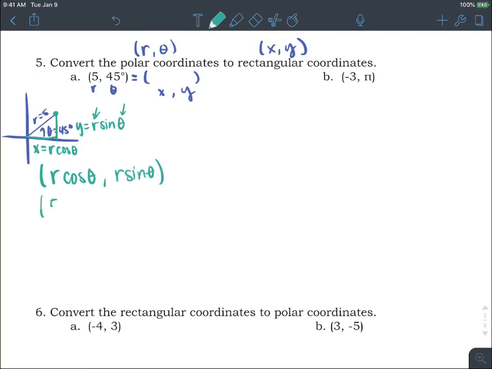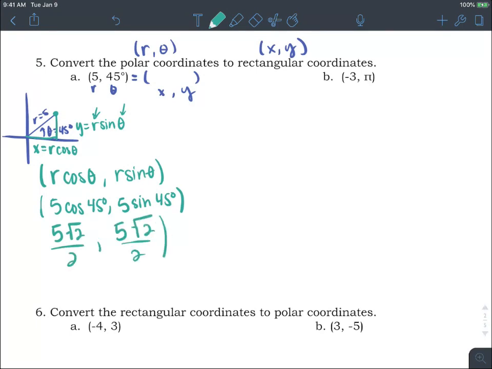This would be 5 times the cosine of 45 degrees, and 5 times the sine of 45 degrees. So I get 5 times root 2 over 2, comma 5 root 2 over 2. And that's my x and my y coordinate.